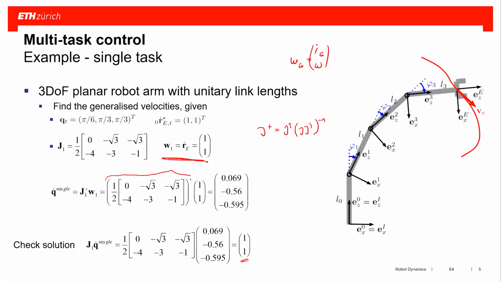Now let's go back to the exercise that we looked at before. What we have now is a calculated solution which satisfies the task that we want to move with a velocity 1, 1 at the end effector, and the result is a q dot which satisfies that. And it's actually the minimal q dot that satisfies that.